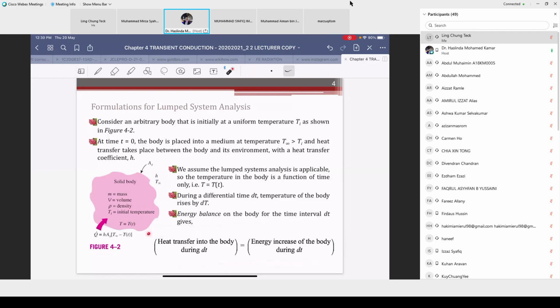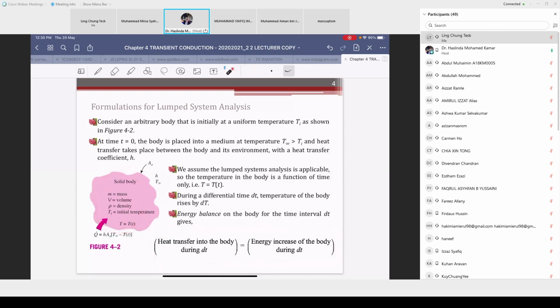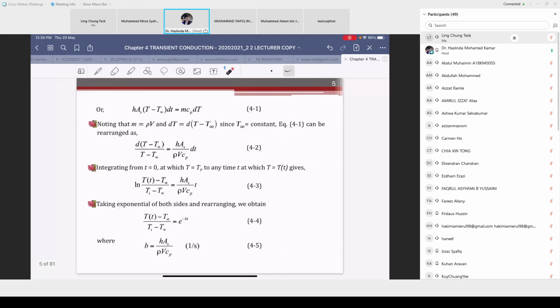The energy balance on this kind of body can be defined as heat transfer into the body during dt equals energy increase of the body during dt. Due to the heat transferred into the body, of course the heat inside the body increases. That's the simpler way to explain it.